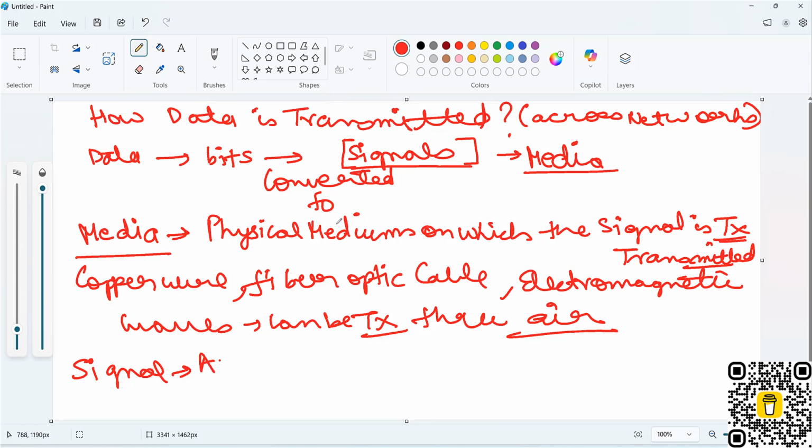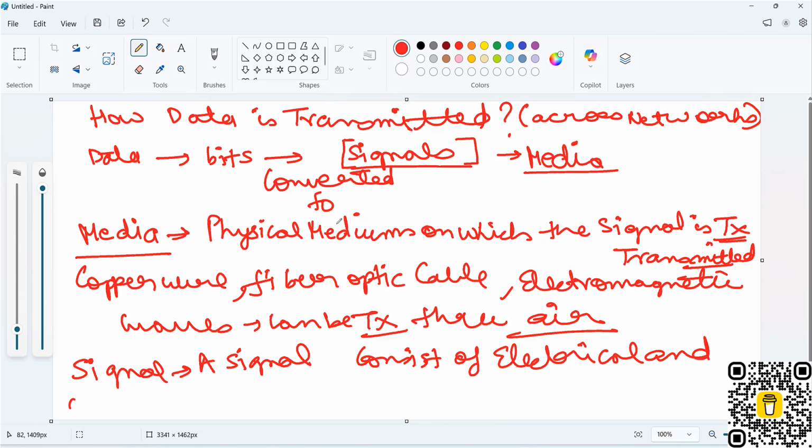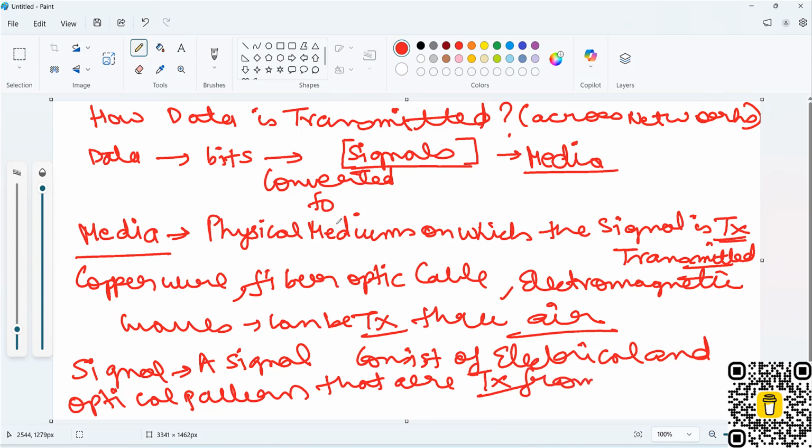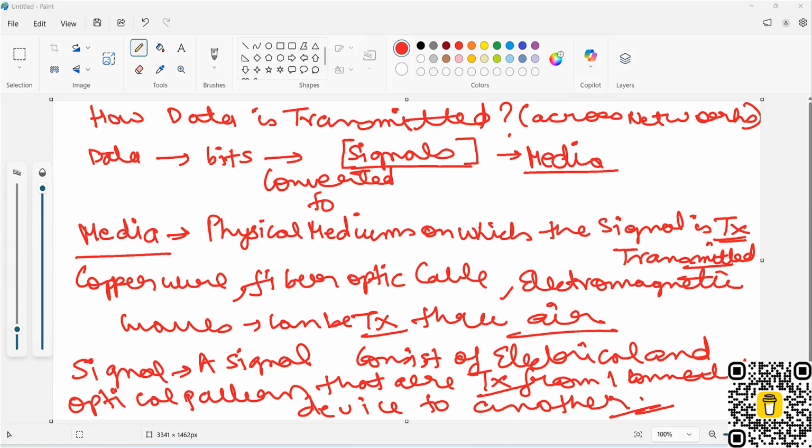So let me write: a signal consists of electrical and optical patterns that are transmitted (Tx) from one connected device to another. That is a signal.